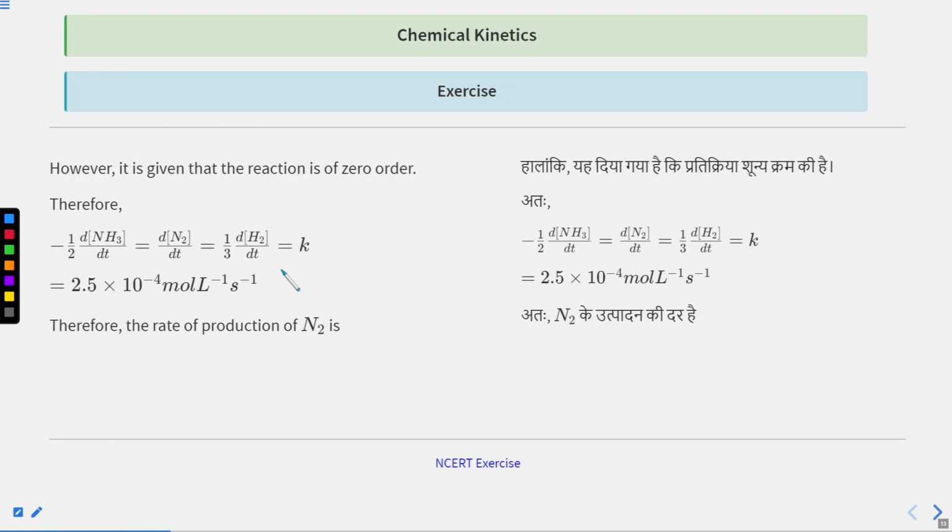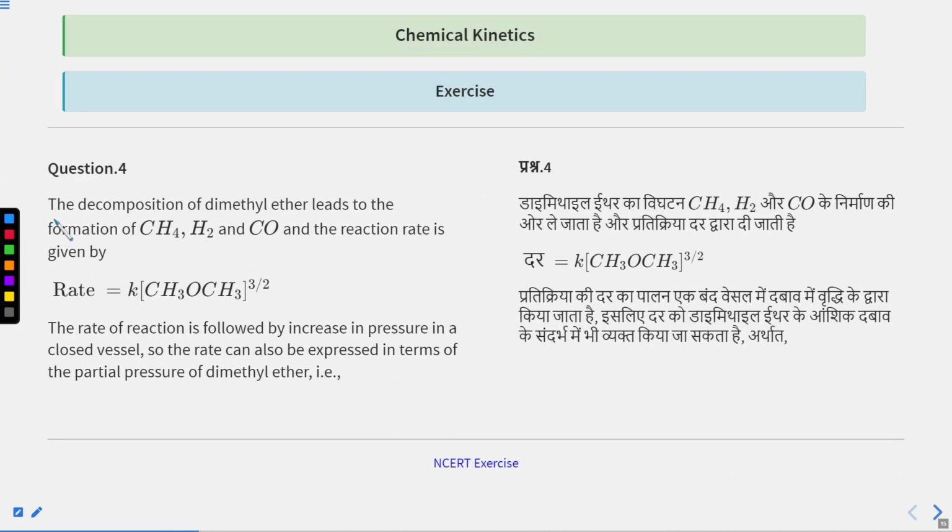Next question. The decomposition of dimethyl ether leads to the formation of CH4, H2, and CO, and the reaction rate is this. Now, the rate of reaction is followed by the increase in pressure in a closed vessel, so the rate can also be expressed in terms of partial pressure.